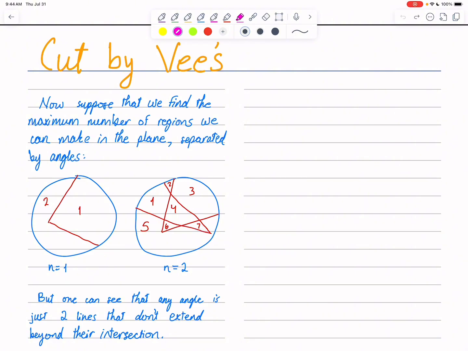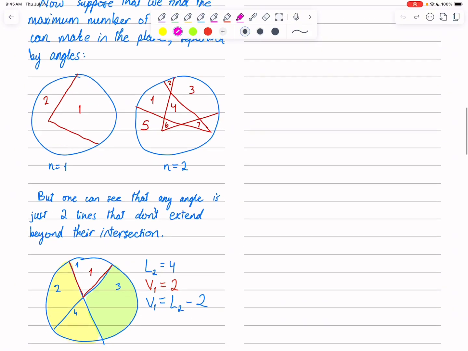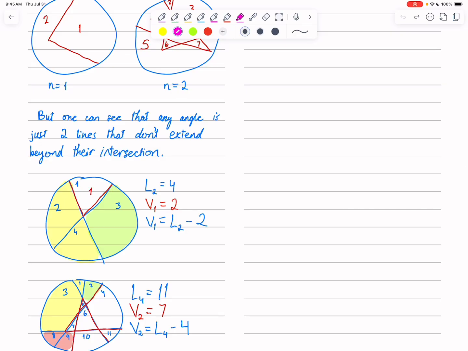And when you think about the logic of how many regions you can possibly get from a given n number of V-shapes, it makes sense that a single V looks like just two intersecting lines where we merge some two of the regions, right?